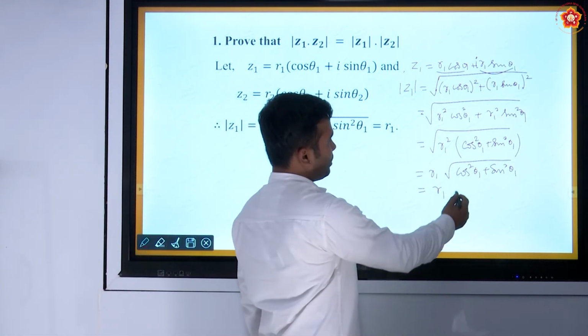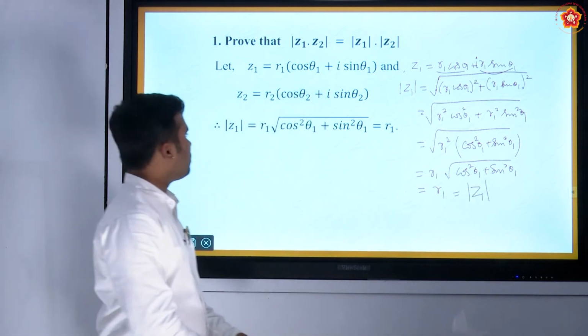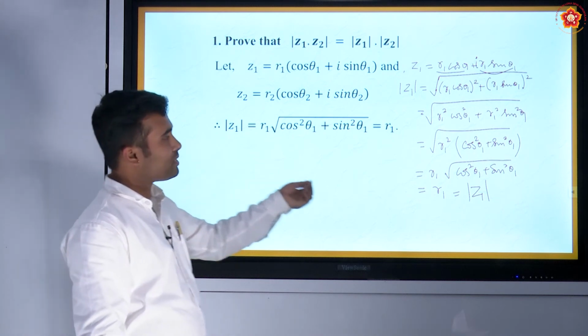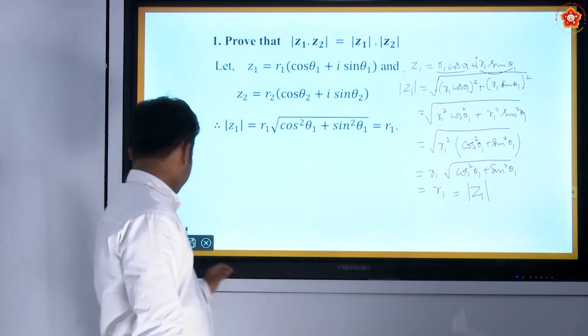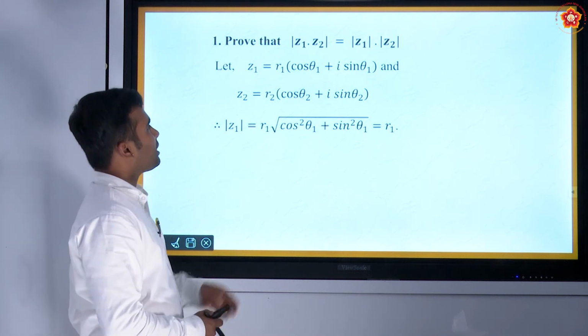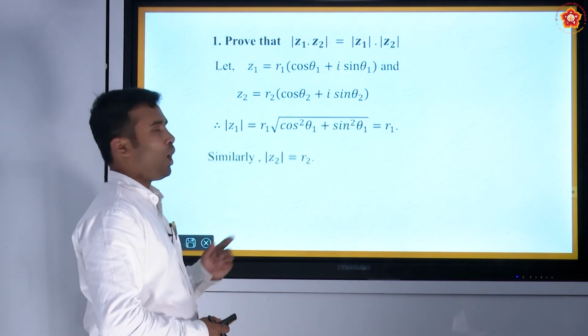Therefore, it is r1. What is r1? Nothing but modulus of z1. So that is how we can express that modulus of z1 is equal to r1. Similarly, we can represent modulus of z2 as r2.